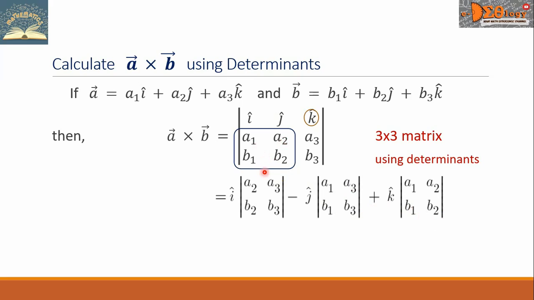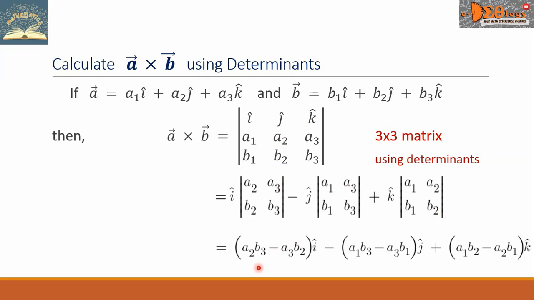Then we just take the determinants of each square matrix, and it becomes: i multiplied by a sub 2 times b sub 3 minus a sub 3 times b sub 2. Then we copy the minus sign, and go to the next element j: a sub 1 times b sub 3 minus a sub 3 times b sub 1. Then plus, we go to element k: a sub 1 times b sub 2 minus a sub 2 times b sub 1.